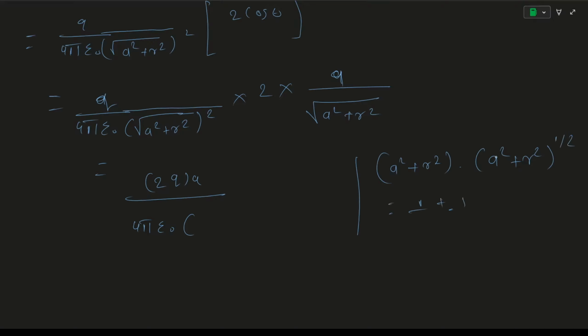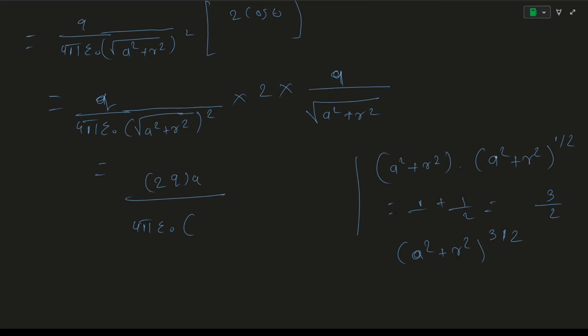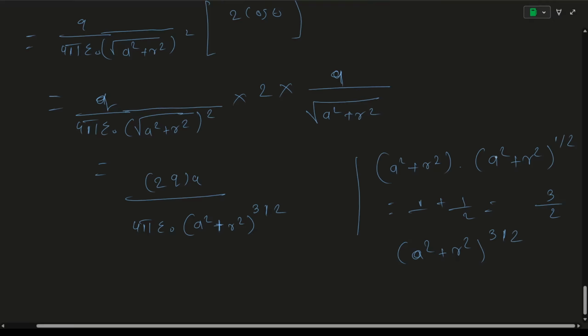So adding these powers, 1 plus 1 by 2, it will become 3 by 2. So overall the power of this whole term will be 3 by 2: 4 pi epsilon naught, a square plus r square to the power 3 by 2.